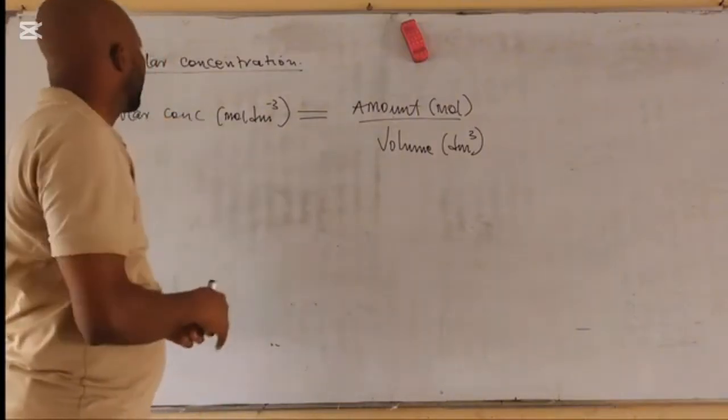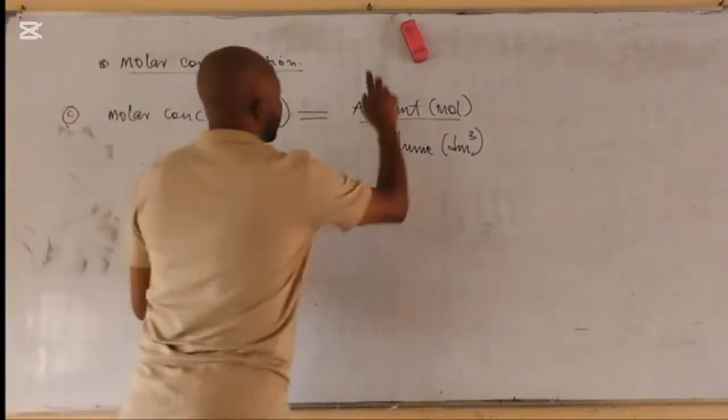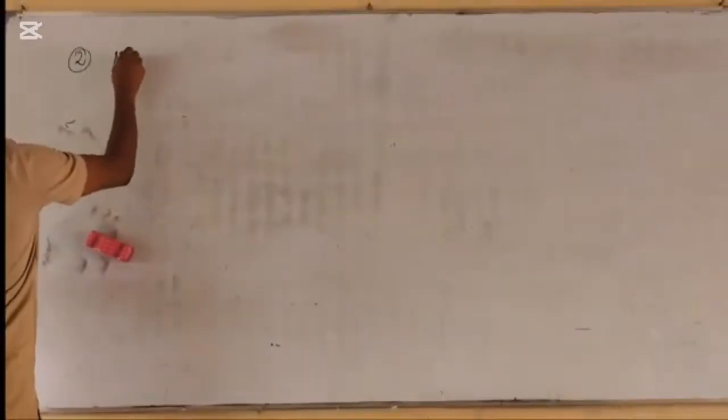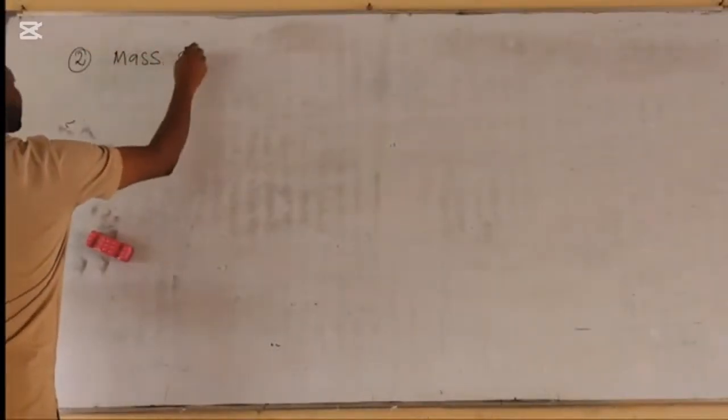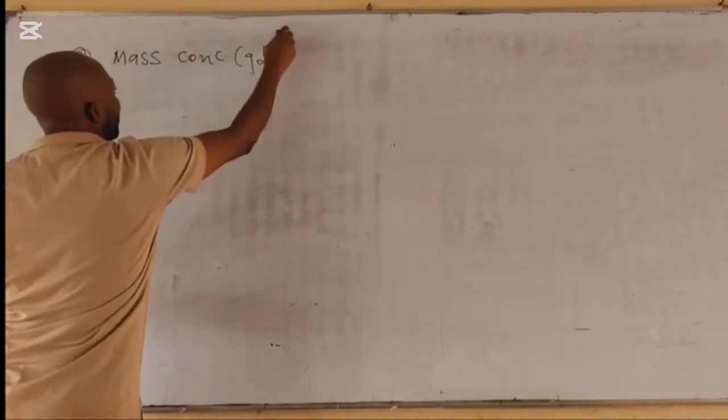So let's look at mass concentration. What are the formulas that we can use? This is mass concentration in g per dm cube.